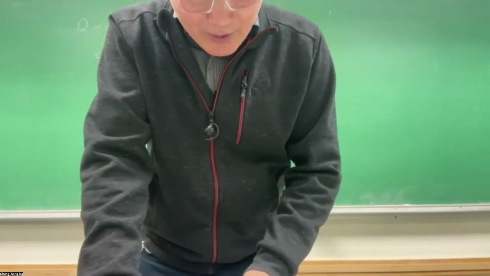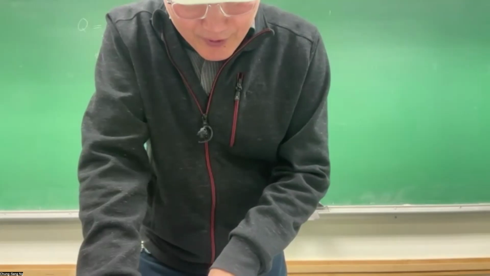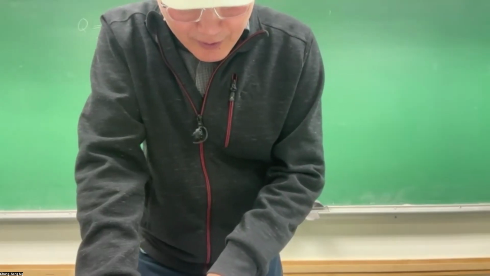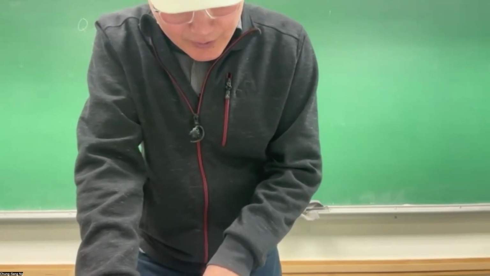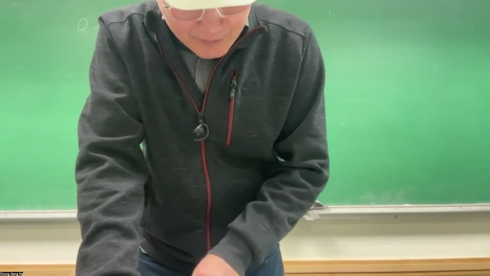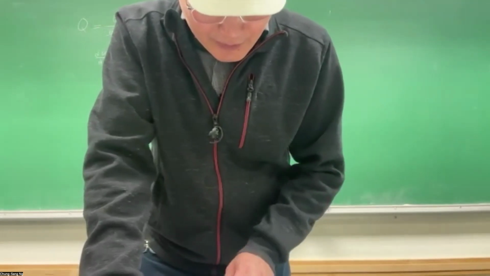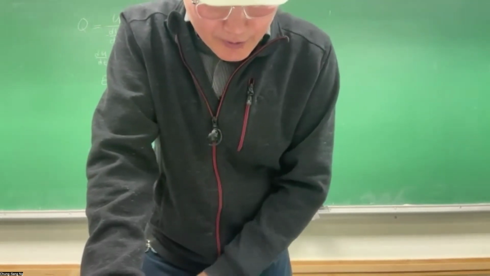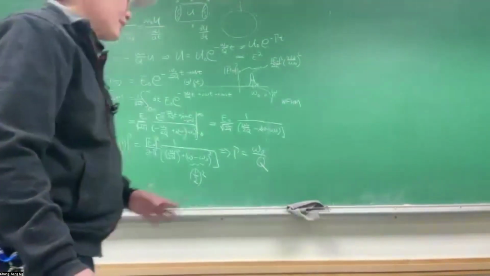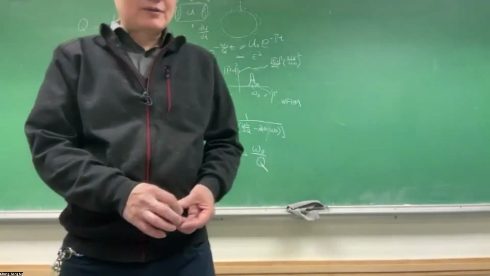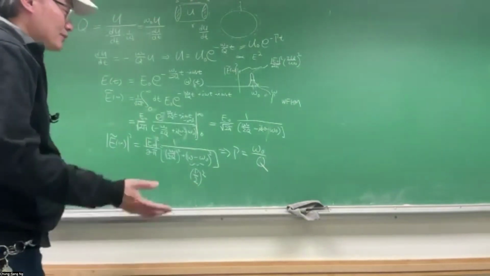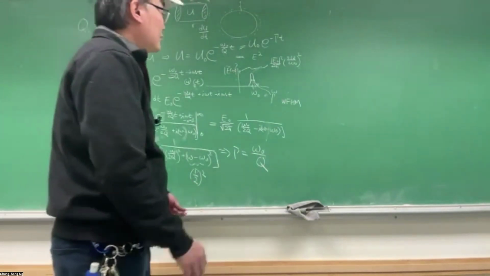So you can estimate, like what Jackson did in 8.94 and 8.95, do some estimation, but ultimately it is still an estimation. Exact integration is too complicated to do. Most likely you need to do it numerically.